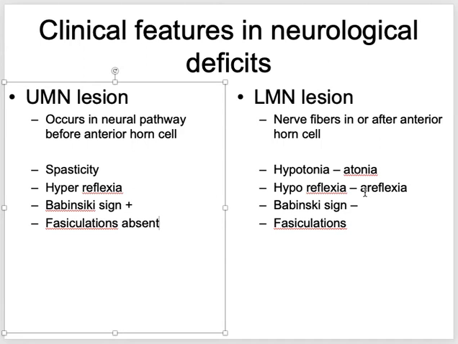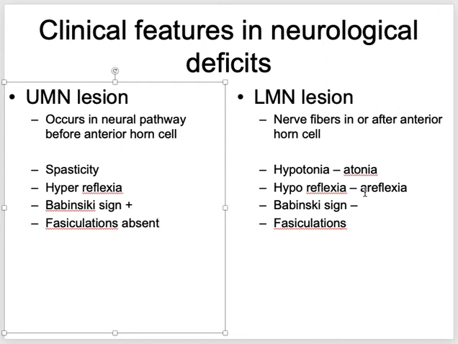So okay, guys, as I told you, there are a lot of descending tracts. Okay, because right now we are studying the motor system. When we study the sensory system, we will study the ascending tracts.